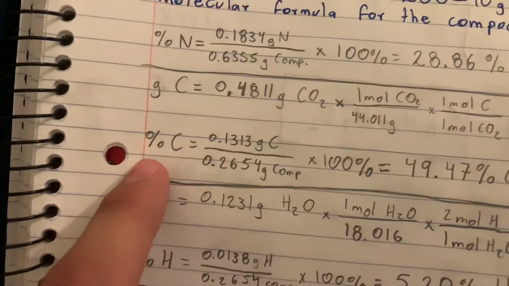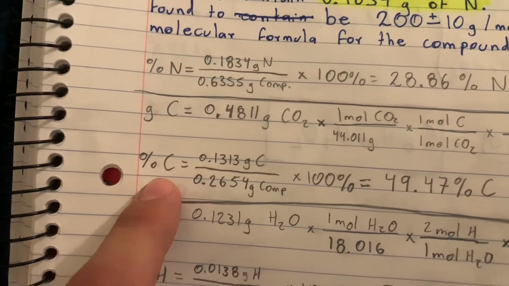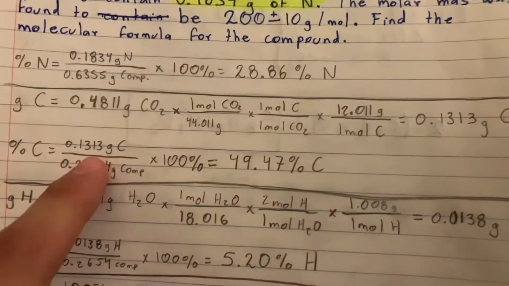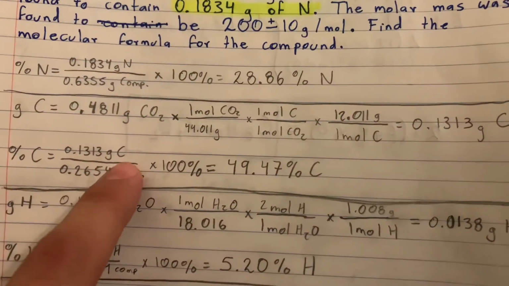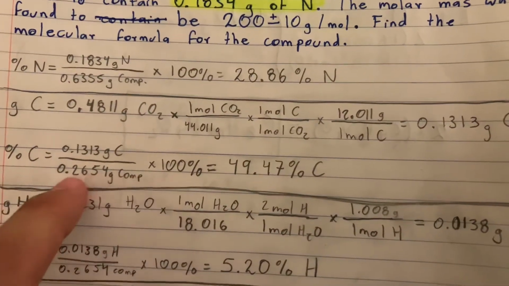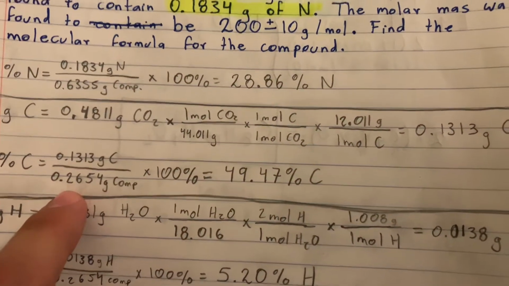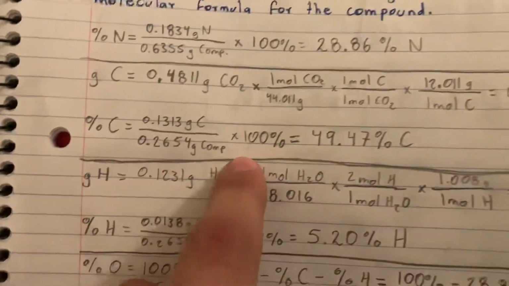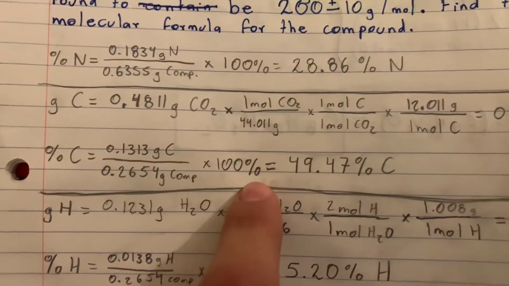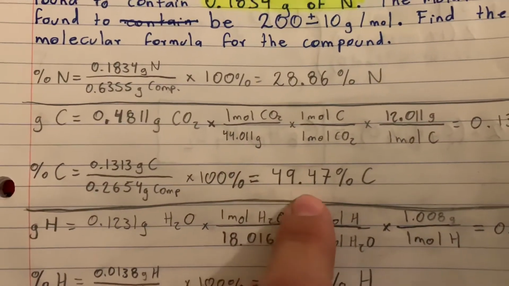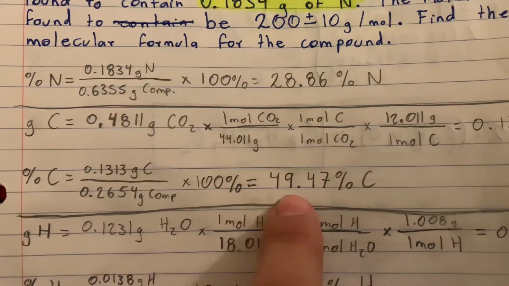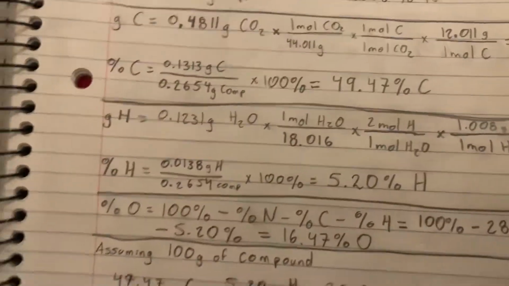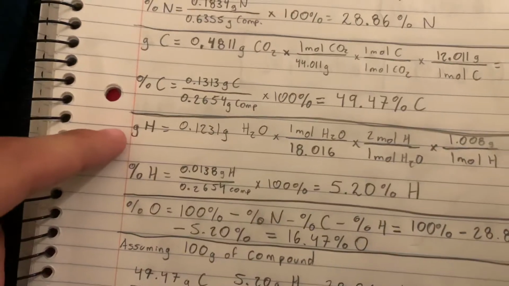Then I found the percentage of carbon in that experiment, and so since I got this many grams of carbon, I divided it by the grams of the compound in the first experiment, which is that, and then I multiplied it by 100, which I got 49.47% of carbon.